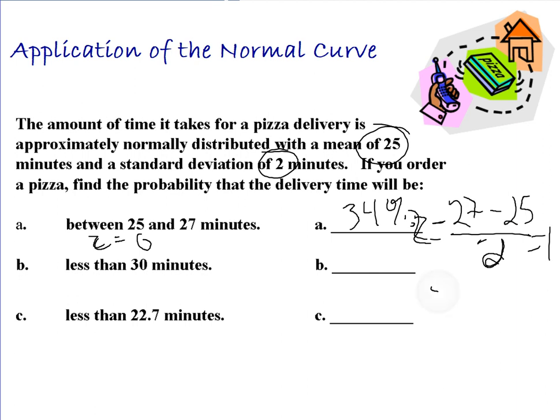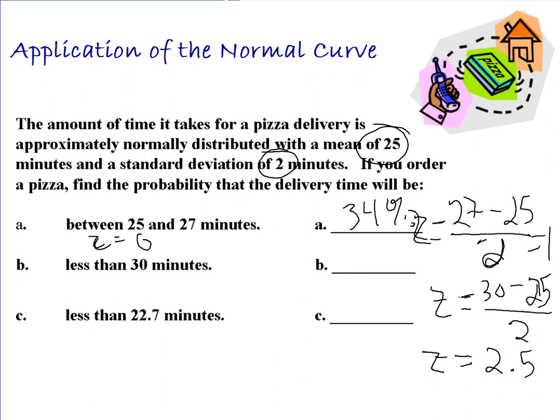Less than 30 minutes, you get your z-score of 30 minus 25 over 2. So that's 5 divided by 2, so my z-score is going to be 2.5. Again, I don't have my z-table with me, but if I were to look up that area, I'm going to take a guess that it's probably somewhere close to 90% or 92%.